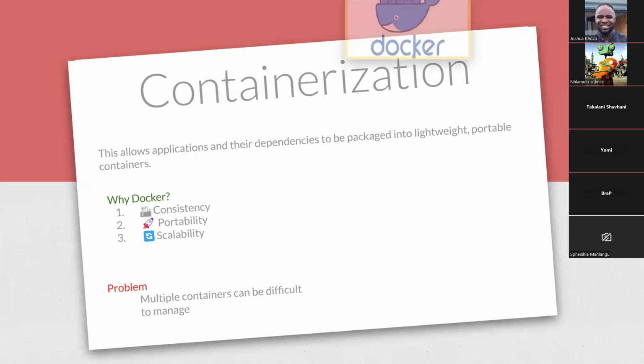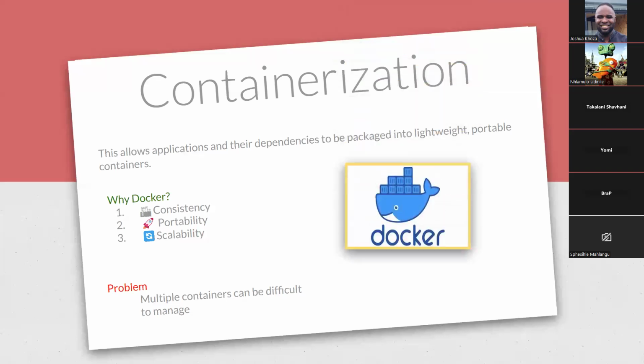Awesome. With Kubernetes, I would like to start off with understanding what is containerization, which is an important aspect when it comes to Kubernetes, together with some of the aspects we're going to look at later through the slides. So what is containerization, why do we do it, and how does it relate to Kubernetes?